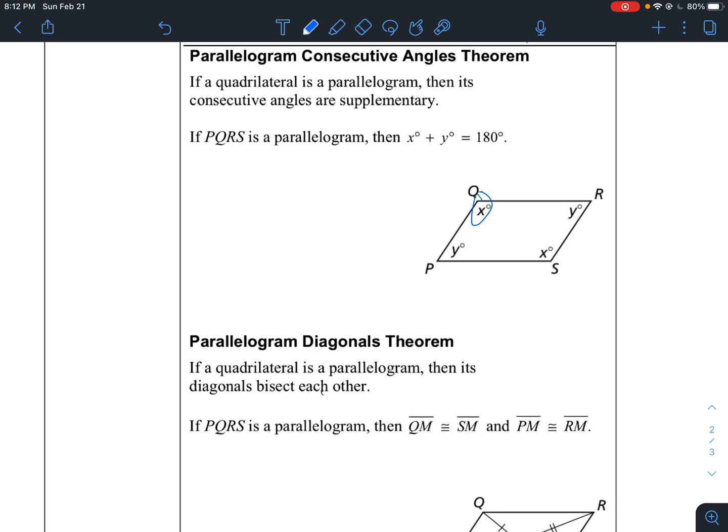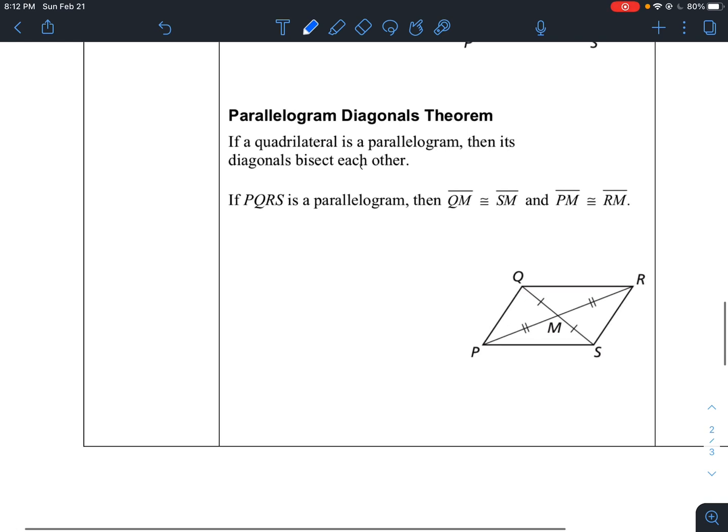So either that's the top two, the bottom two, the left two, the right two angles together were supplementary. And then we learned that the diagonals that they create, so from drawing from one vertex to the next, bisect each other, meaning that these two parts of the diagonal are congruent, and these two parts of the diagonal are also congruent.